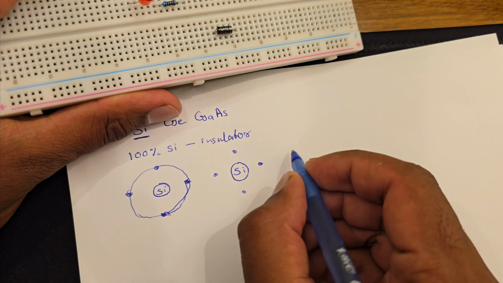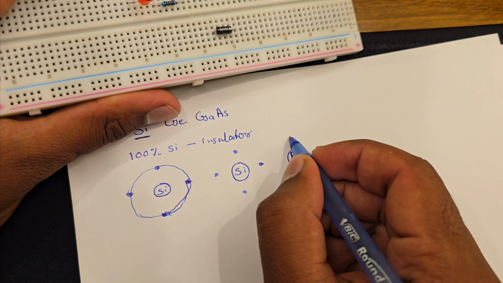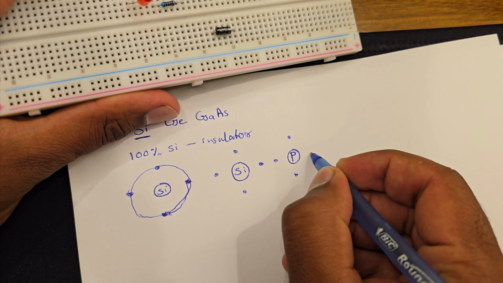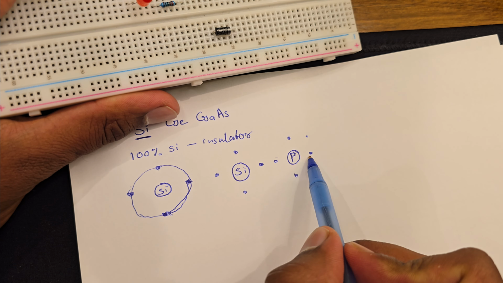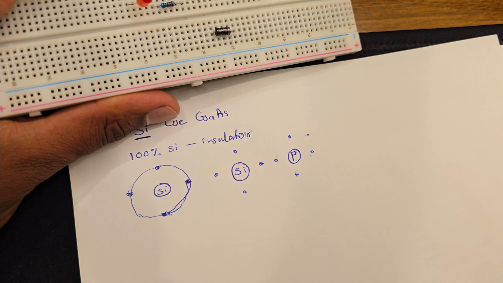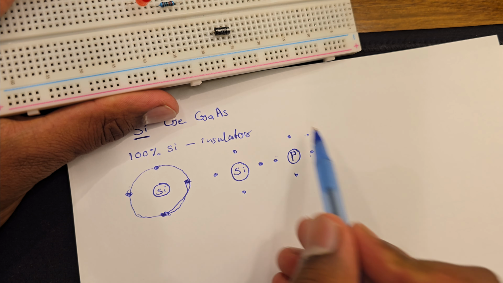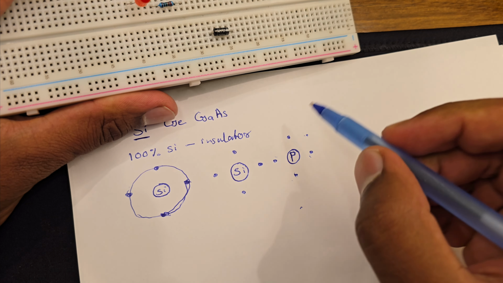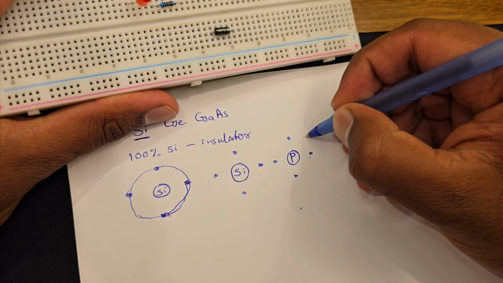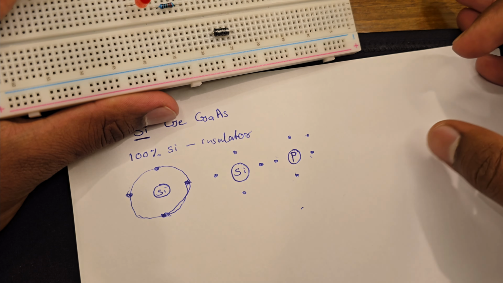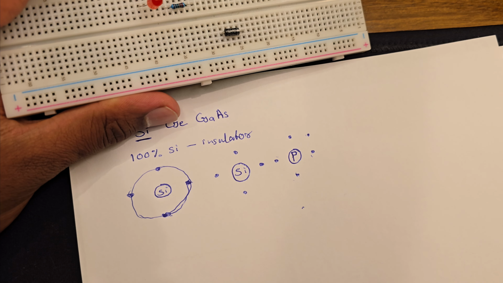I'm adding an impurity like phosphorus, which has not 4, but 5 electrons in its outer shell. 1, 2, 3, 4, 5, the extra electron here. So this phosphorus can share 4 electrons with the silicon atoms around it, but the fifth one is left free. So this electron is free, and it helps to conduct electricity.